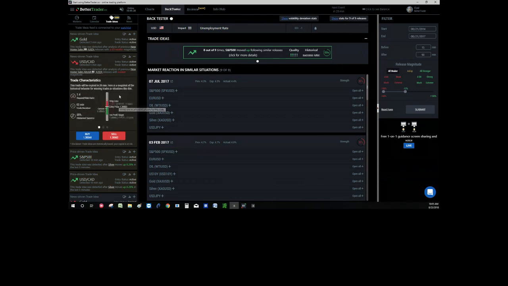And then all that you see here is how the market reacted, and this is real time. How the market reacted in the past and today. But when we analyze the past, we want to analyze the success. So 4 wins and 1 loss. Let's analyze the 4 wins to understand what it means.